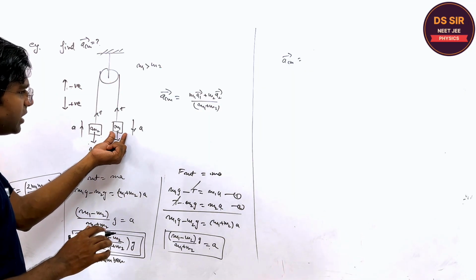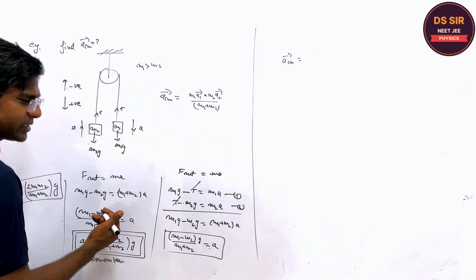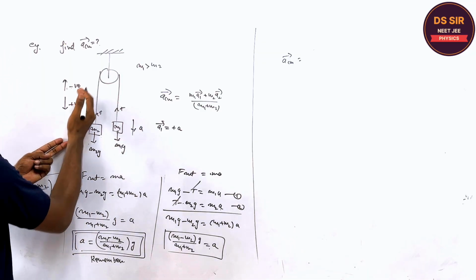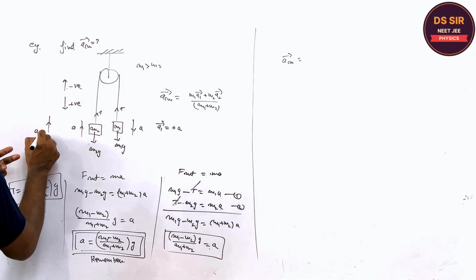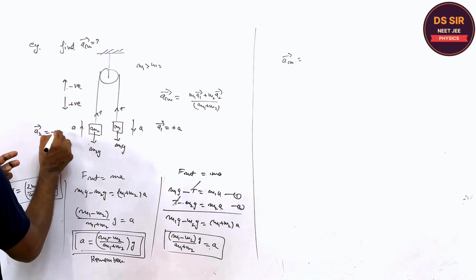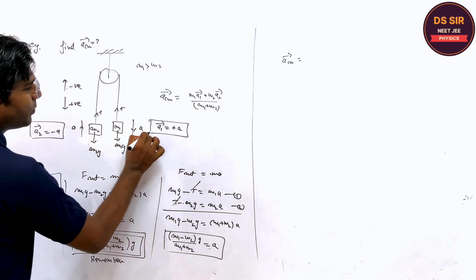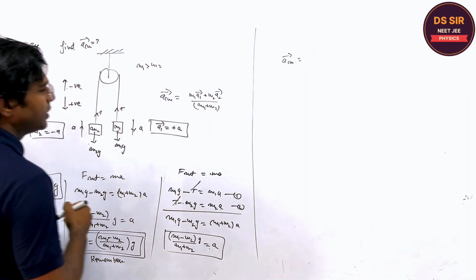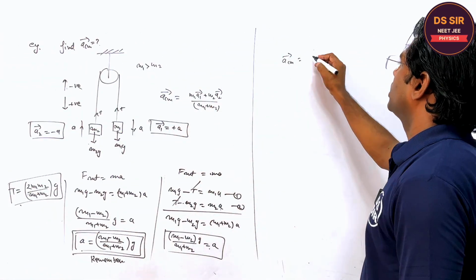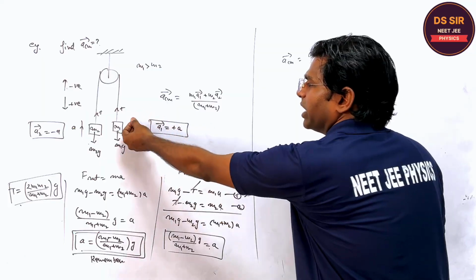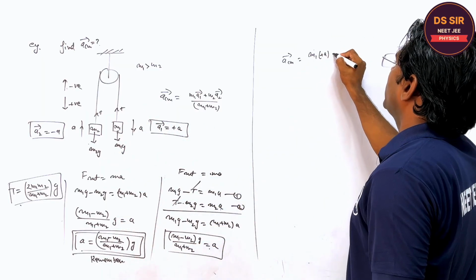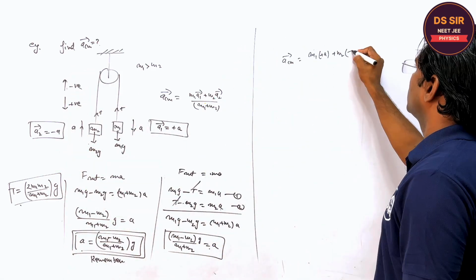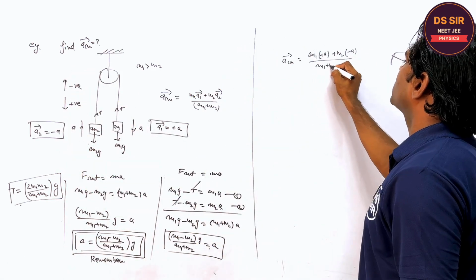So if you consider this the M1, the acceleration is A, so the A1 vector will be written as plus A, and this is the A, so the A2 vector is written to be minus A. Do you understand this thing or not? Because acceleration is a vector quantity and we choose this negative and this positive, right? So in this expression we can put M1 into A1, A1 is plus A, plus M2 into A2, A2 is minus A, divided by M1 plus M2.